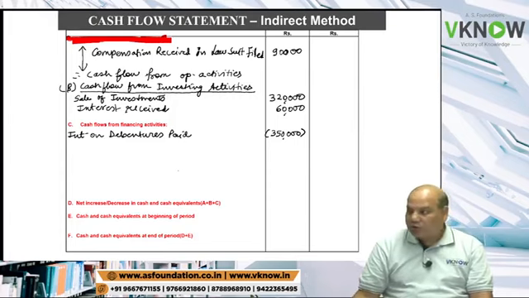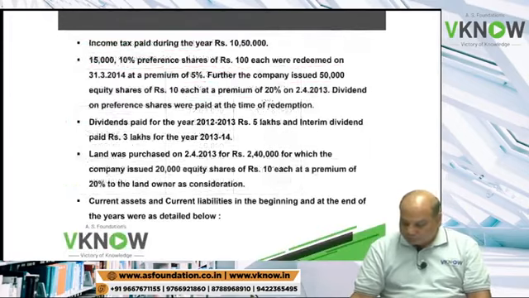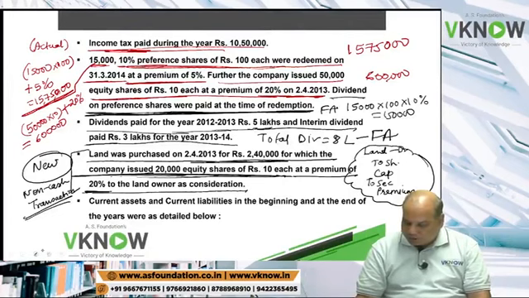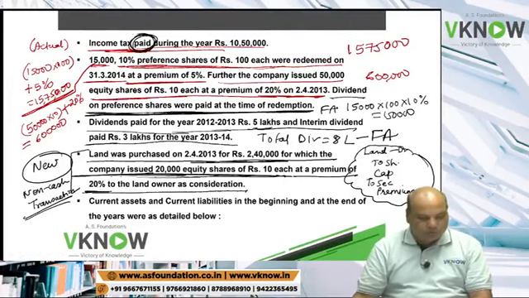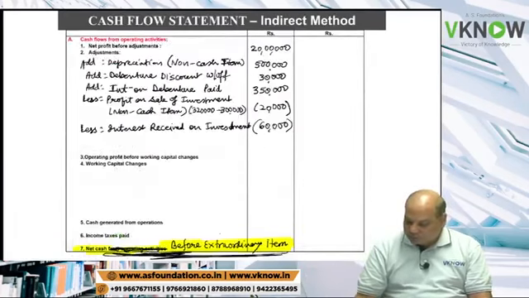Point number next in your question is income tax paid. Now already written paid here, so we are going to write in main answer point number 6, income tax paid.